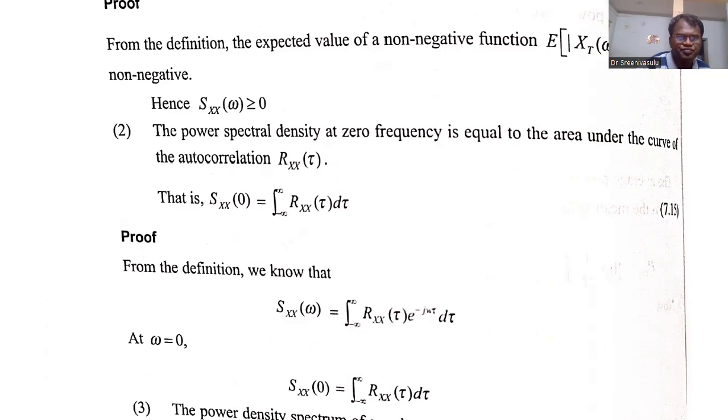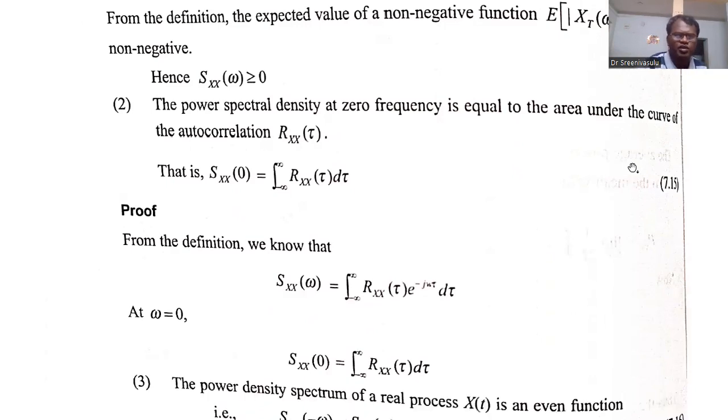Next, this is the second property. The power spectral density at 0 frequency is equal to the area under the autocorrelation function. Now we have a formula: Sxx of omega is equal to integral minus infinity to infinity Rxx of tau into e power minus j omega tau into d tau. If we substitute omega equal to 0, it is nothing but the area under the curve of the autocorrelation function.